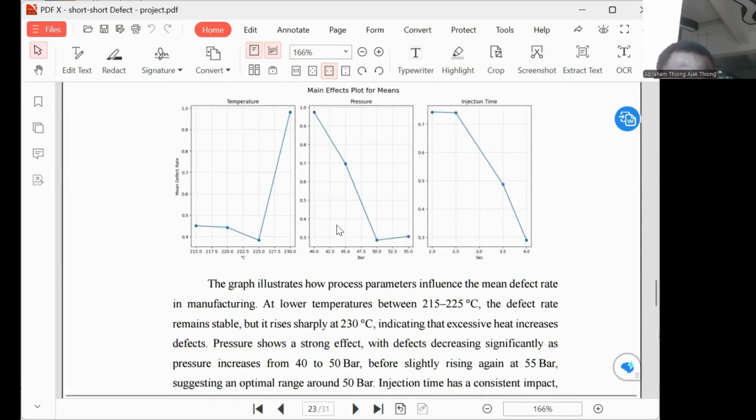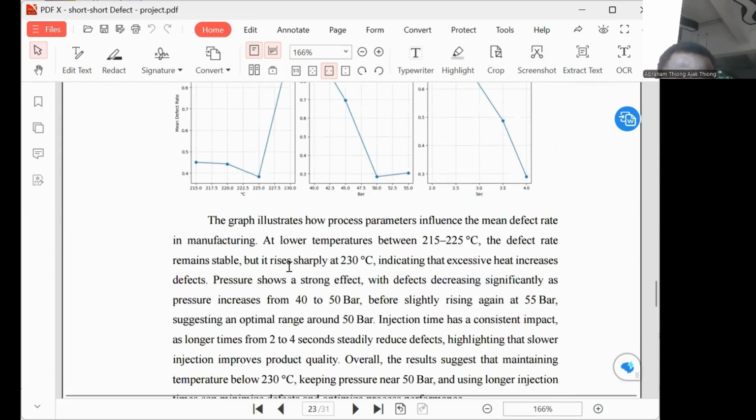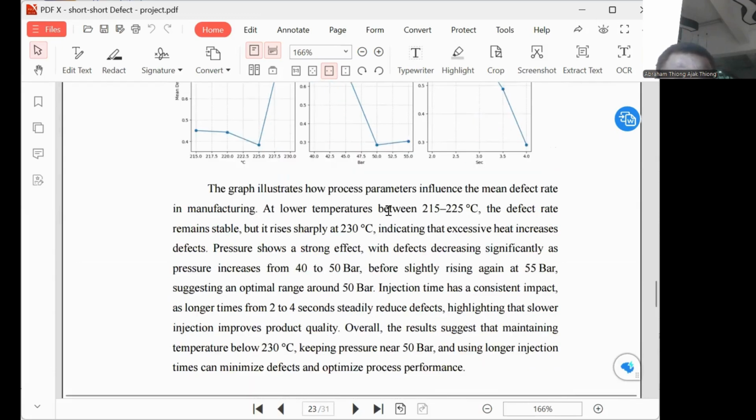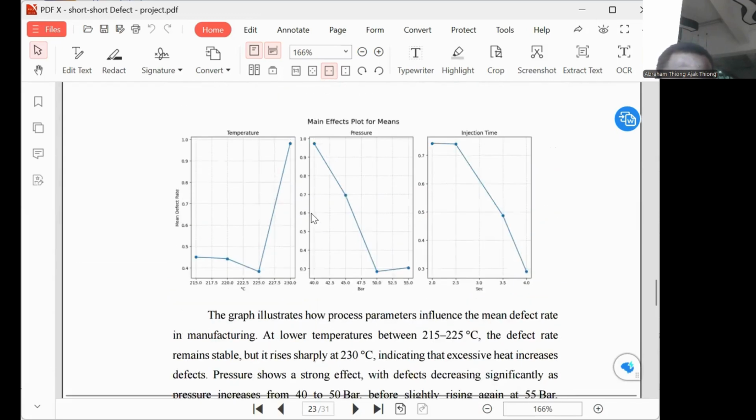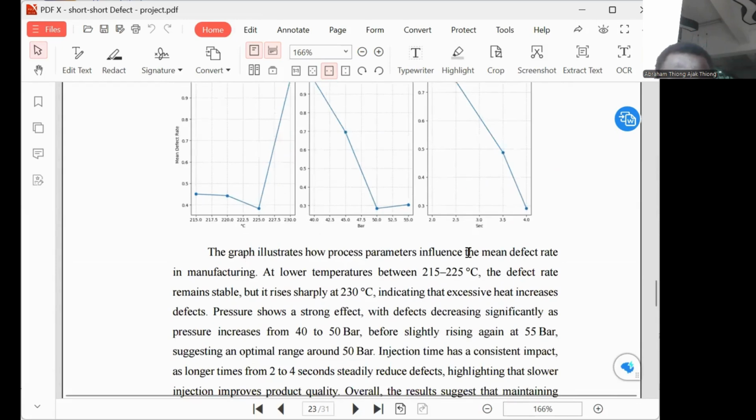This graph shows that the process influences the main factor in manufacturing at low temperature, between 215 and 225. The defect rates are maintained stable at 215 to 225.